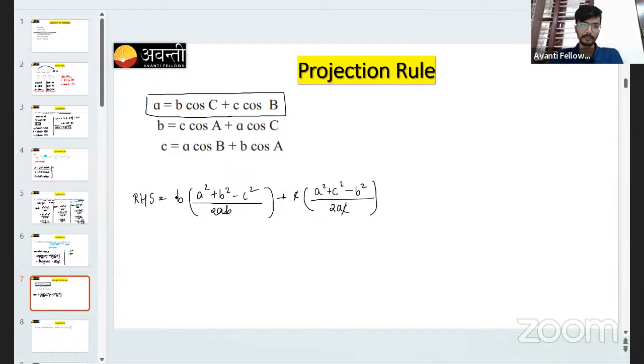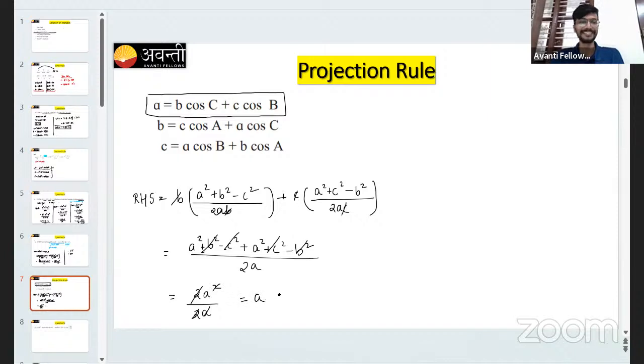From here cancel. So in the LCM, what came? 2A. On top will come A square plus B square minus C square plus A square plus C square minus B square. C square cancels, B square cancels. I'll get A square plus A square, 2A square upon 2A. 2 cancels, one A cancels, which is equal to A, which is equal to LHS. Hence proved. So it is very simple.